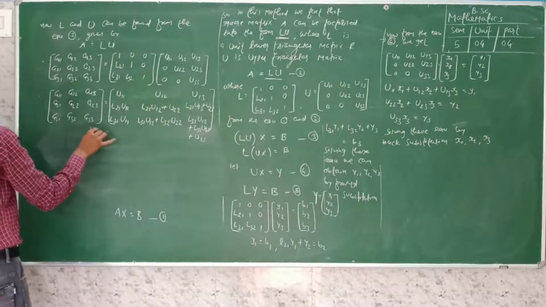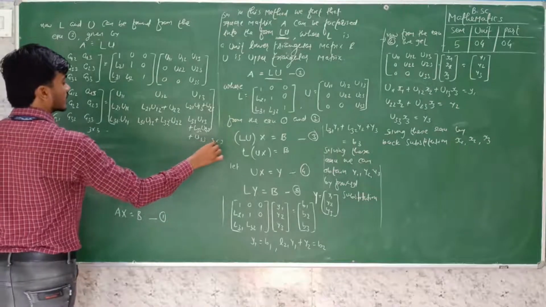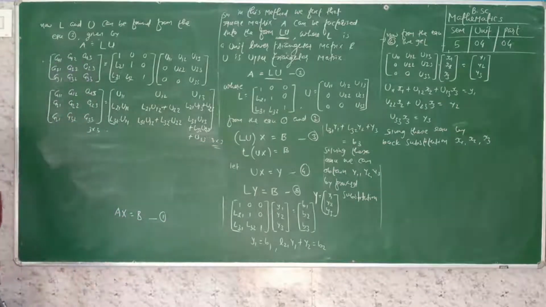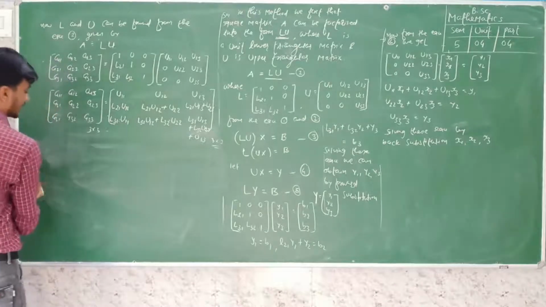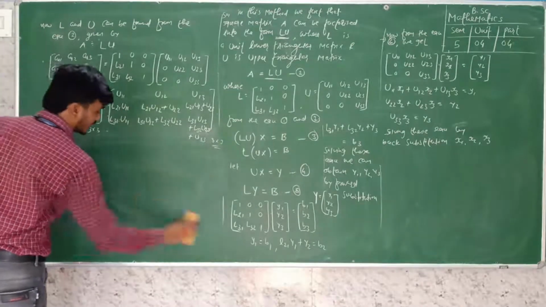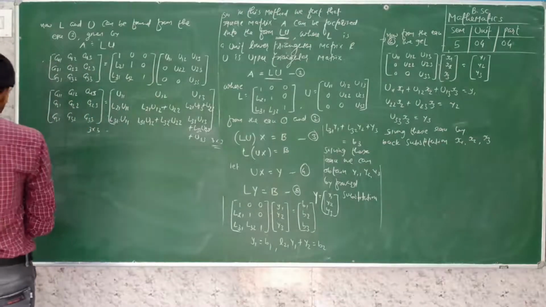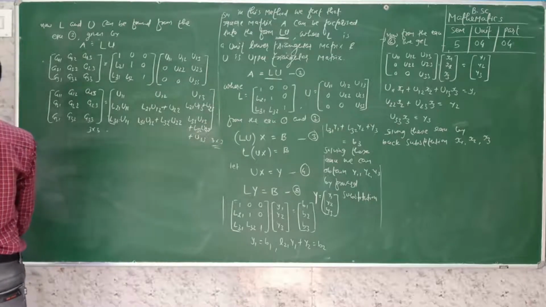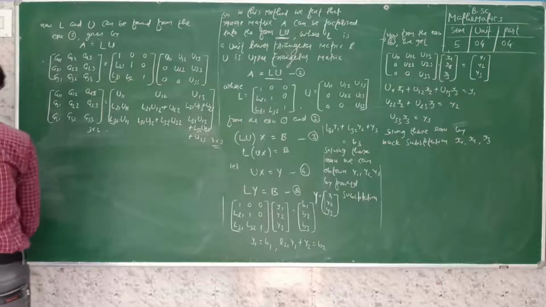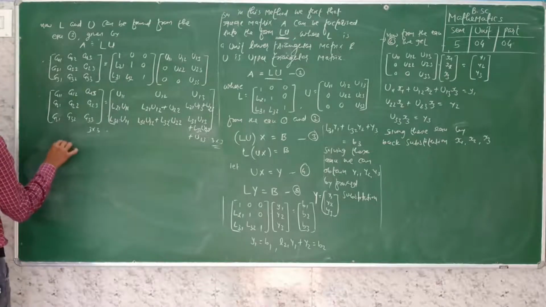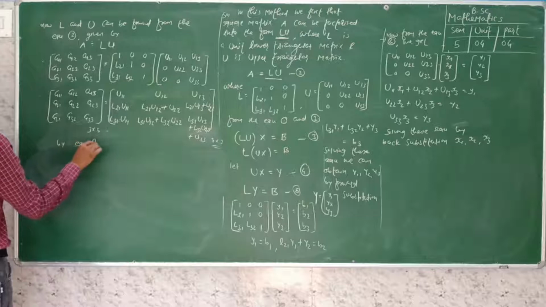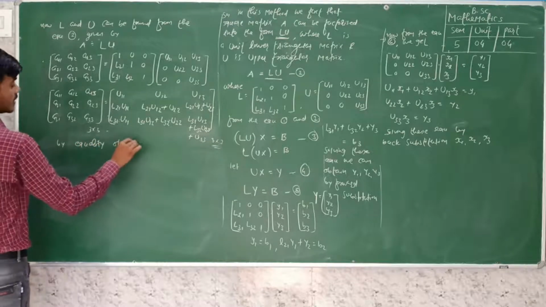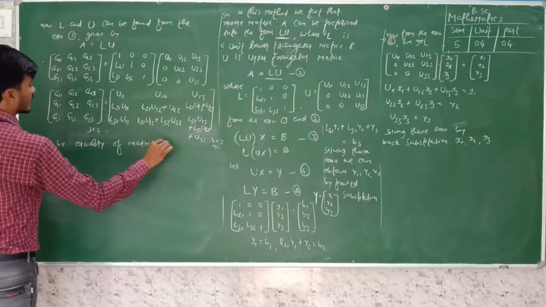Here matrix 3 cross 3, here also matrix 3 cross 3. The order of both matrices is the same. So by equality of the matrices, corresponding coefficients are equal.